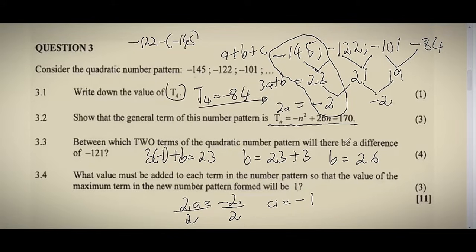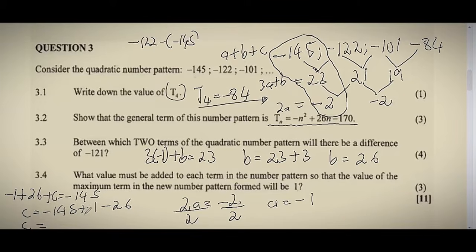Right, then let's calculate C. So for C, we're going to substitute the value for A, that's -1, substitute the value for B, that's 26, and then plus C is equal to -145. Now C is equal to -145 plus 1 minus 26. So I just took all this and transposed it over to the side. Then my C value, that's -145 plus 1 minus 26.